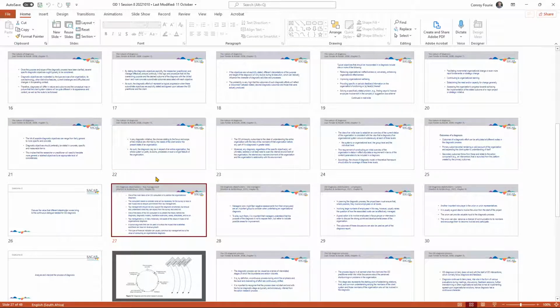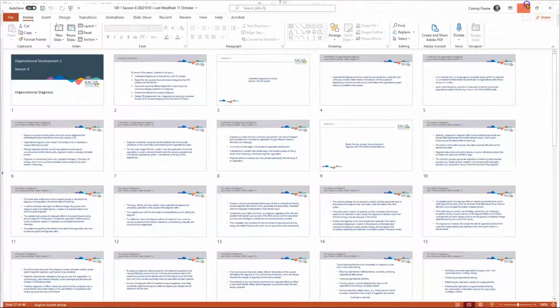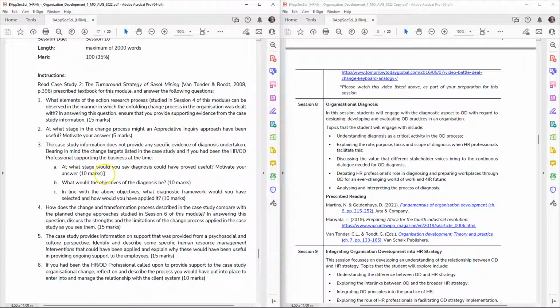Hopefully you already understand diagnosis, but you've got to answer the question demonstrating that you understand the issue of diagnosis and where it would have taken place. You can look at the material in the slides and also in your textbook or prescribed material to find the necessary stage where you would say diagnosis could have proved useful.